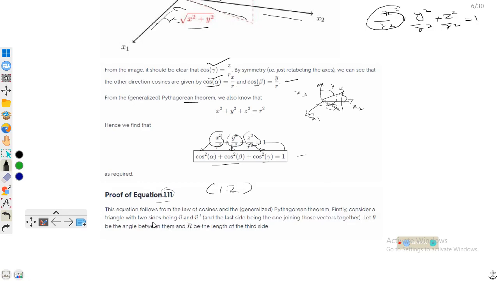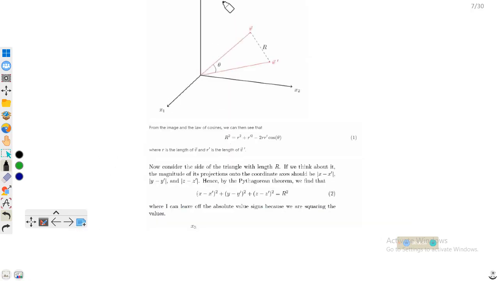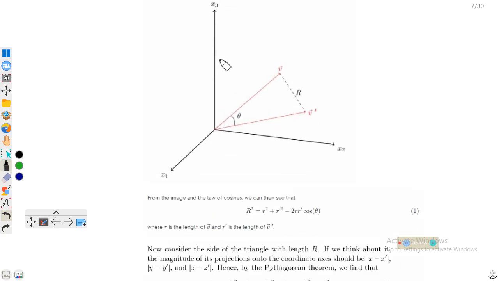First, consider a triangle with two sides being V and V prime, and the last side being the one joining those vectors together. Let theta be the angle between them and R be the length of the third side. First, let's go to the diagram and try to understand it and find the relations. We are looking at a diagram with three mutually perpendicular axes, x1, x2 and x3.